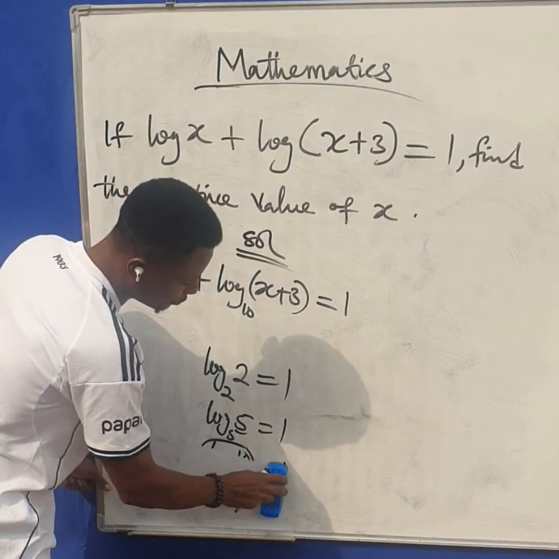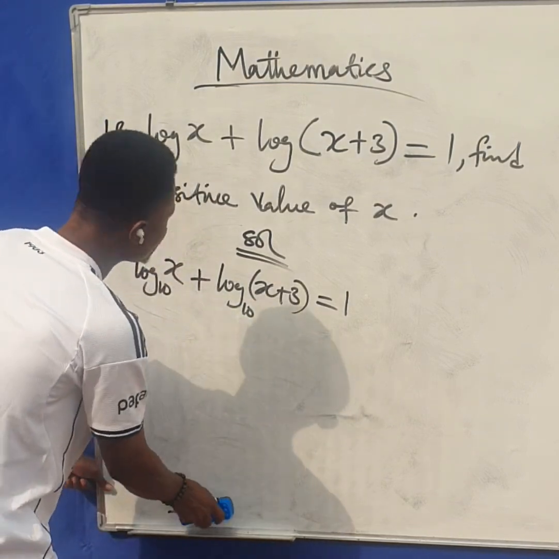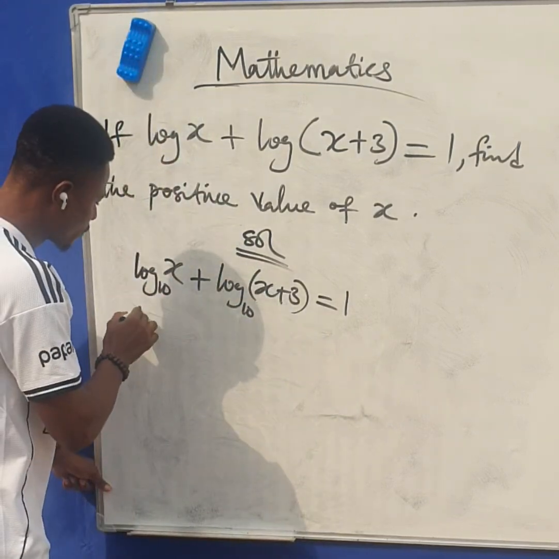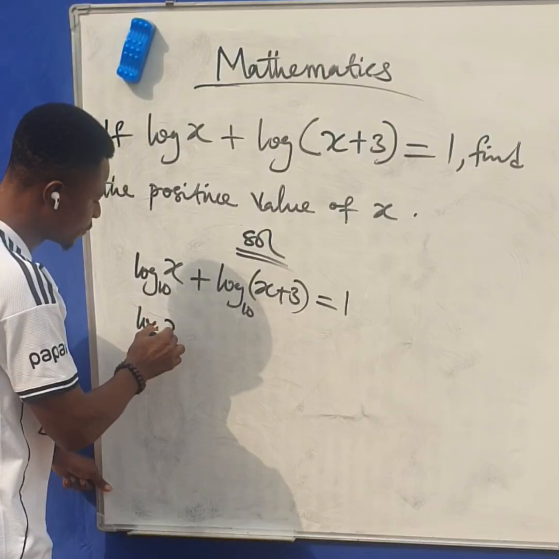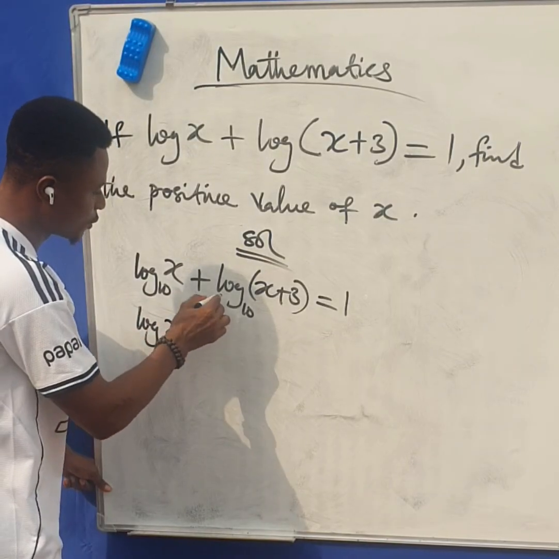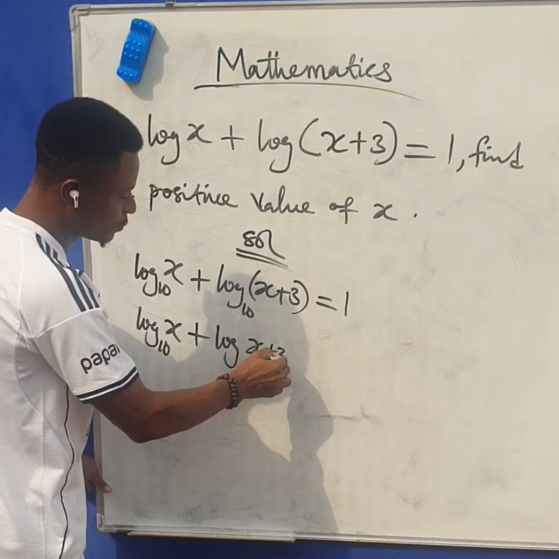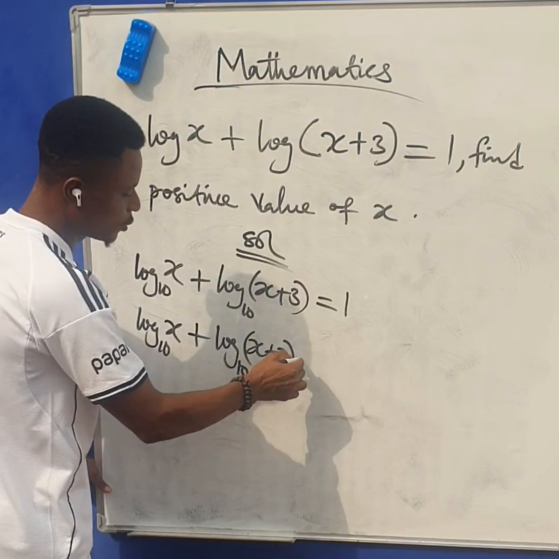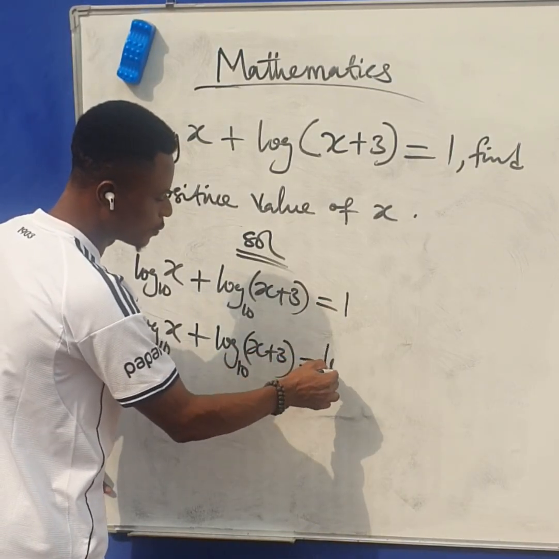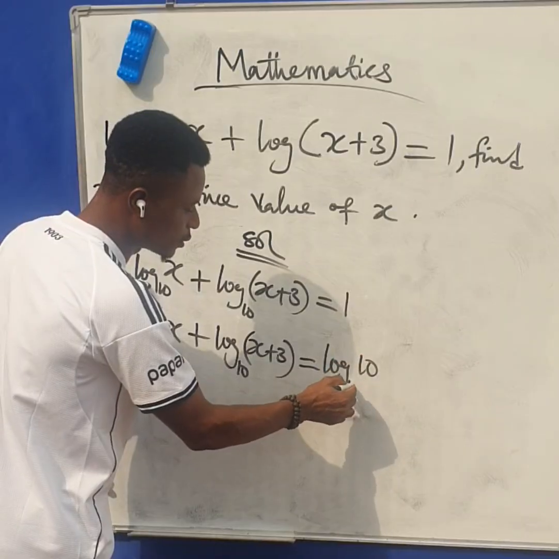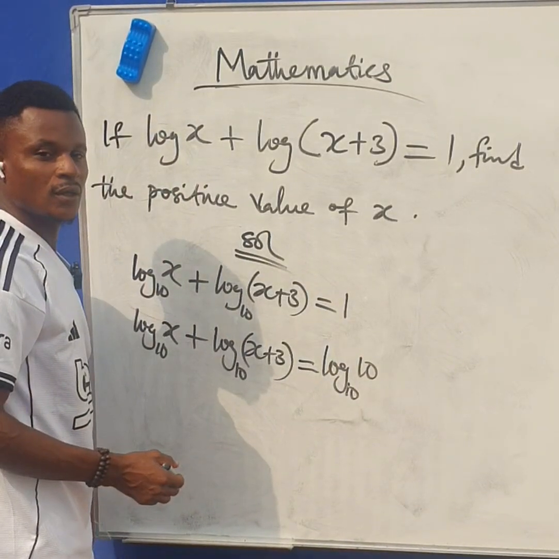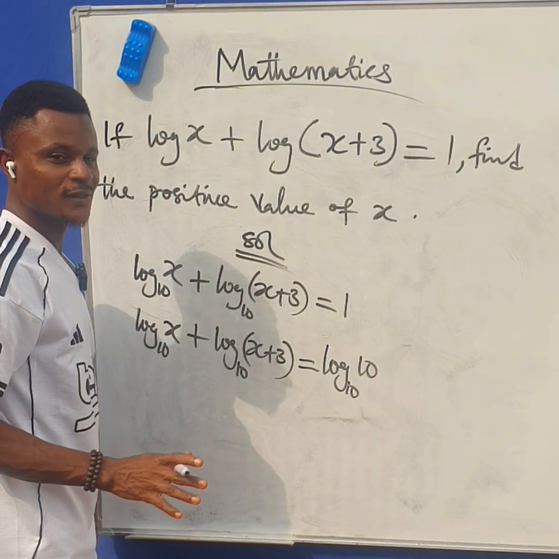So we have log x base 10 plus log (x plus 3) in base 10 equal to, in place of 1, I write log 10 base 10. I hope you're not confused.